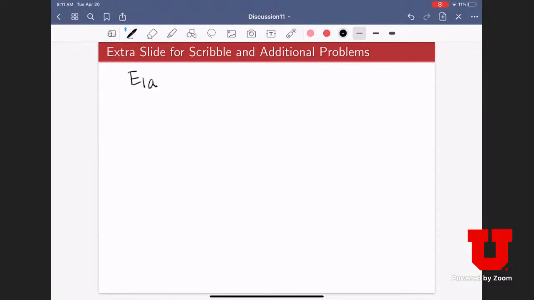You could say E1A is the event that the first card is an ace, and E1B is the event that the first card is a king, and your E2 is still the event that the second card is red.